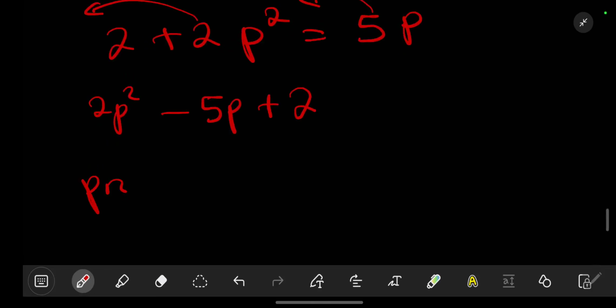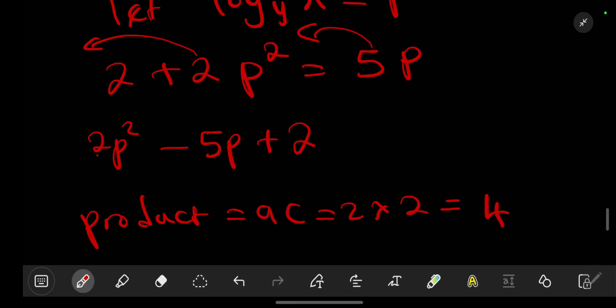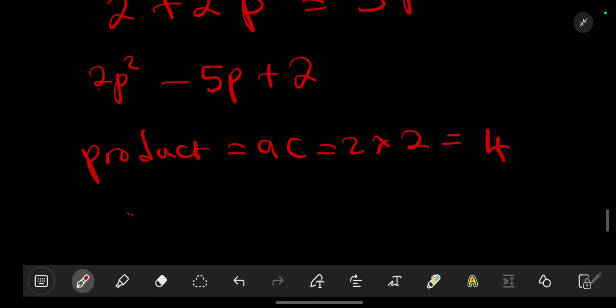So the product will be equal to AC, which will be A is 2 times C is 2, which will give us 4. Then we have our sum. In this case, we need two numbers which when we add them give us negative 5, but when we multiply give us positive 4.